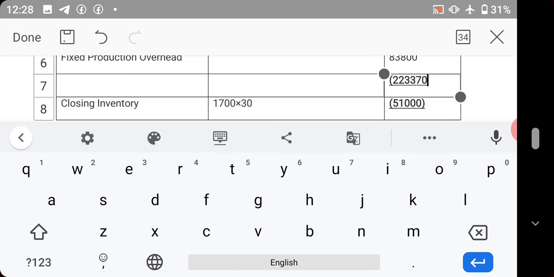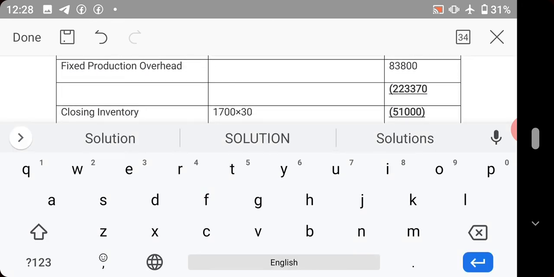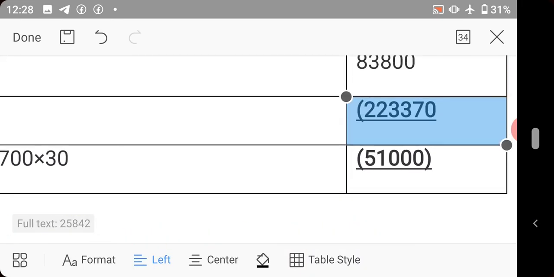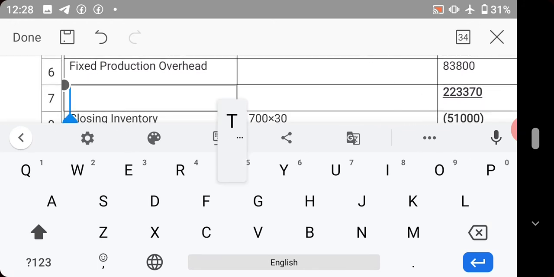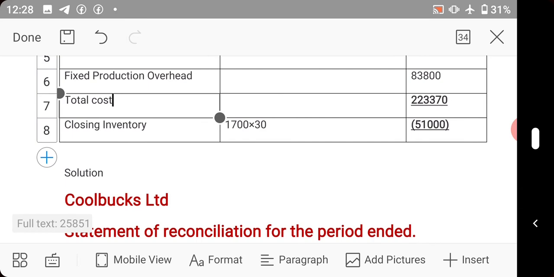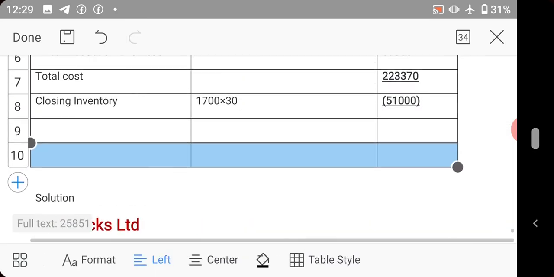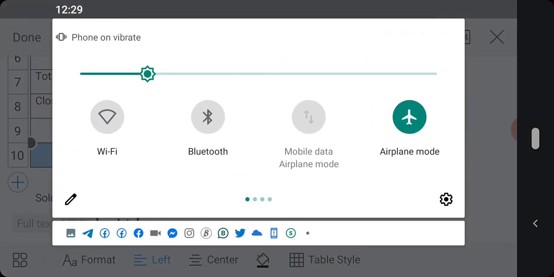So you take away the value of closing stock from the total cost. Whatsoever you have becomes cost of goods sold.